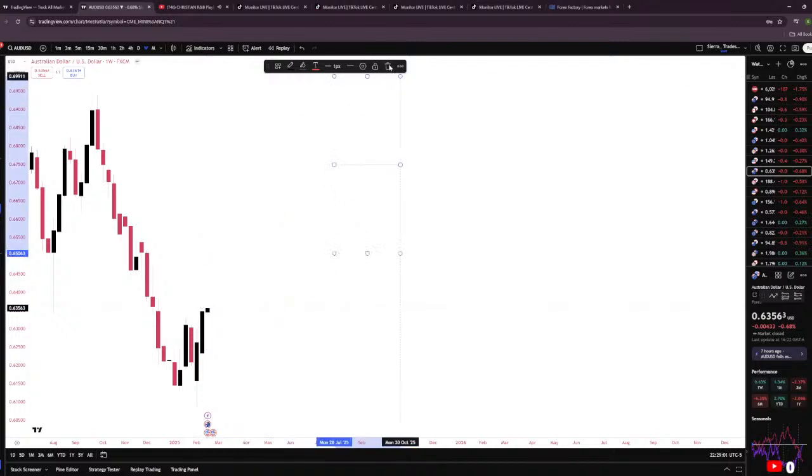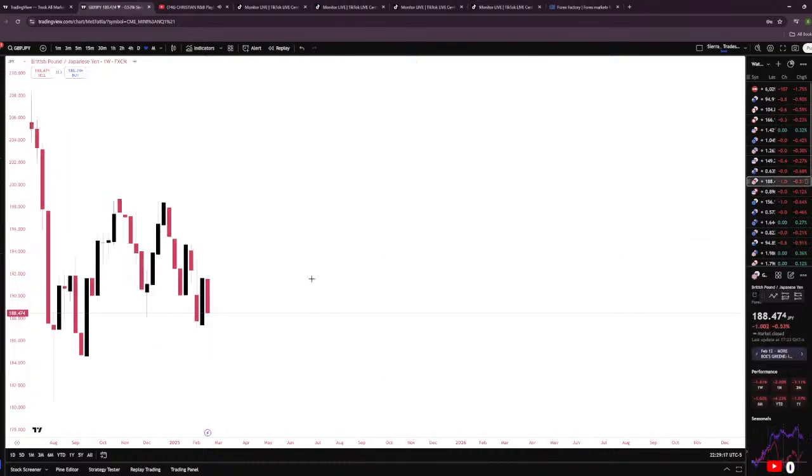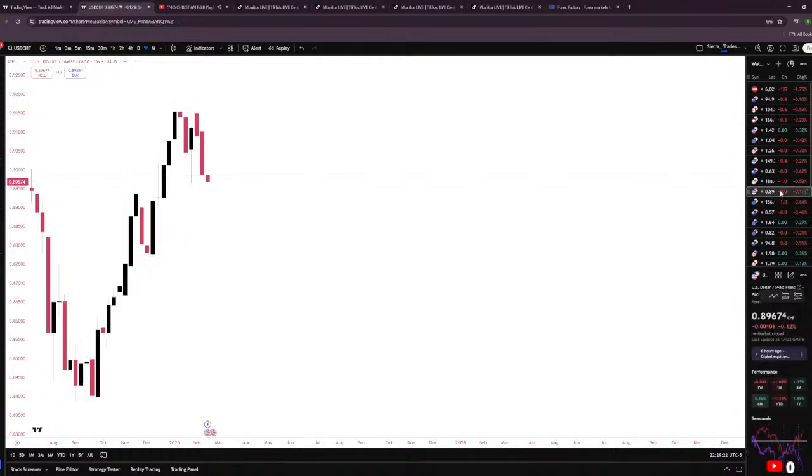I don't know if it was because of news or what, but as we go on with our journaling, we'll start to notice the patterns. The third week of the month might just be continuations. All of these candles are trading inside. This one ran a low. It did hit 50%. Let's see what happened on USD CHF.